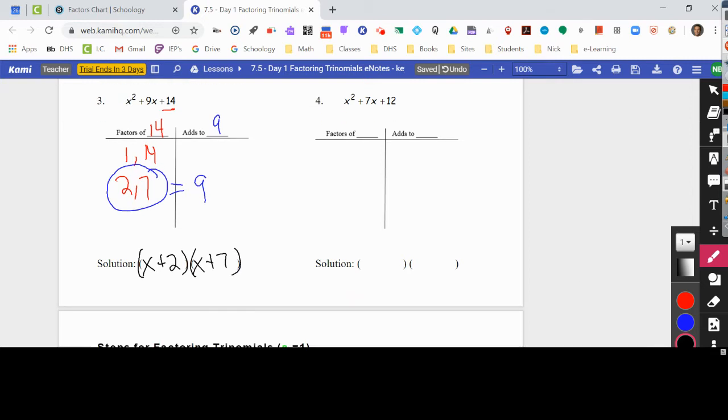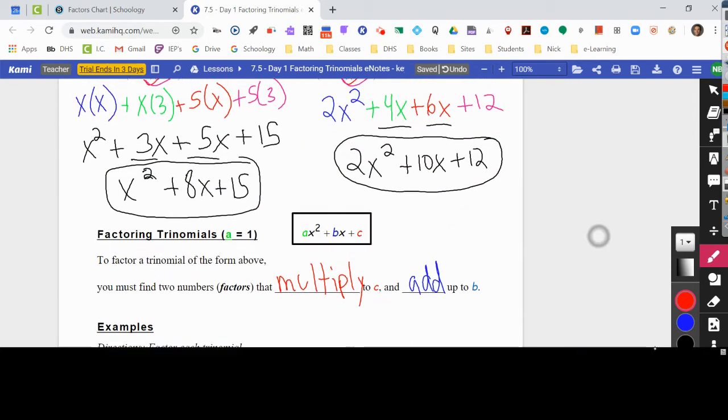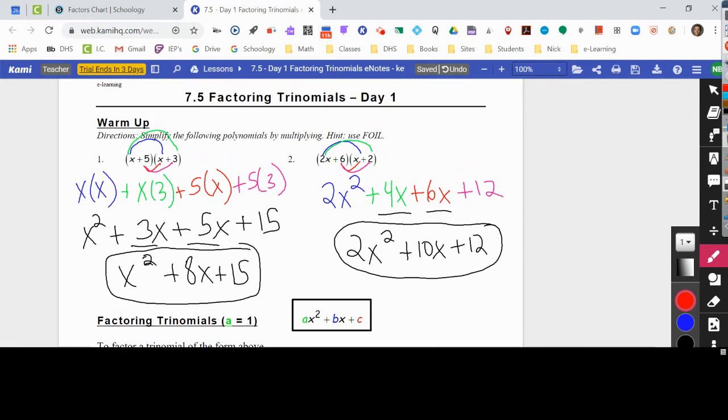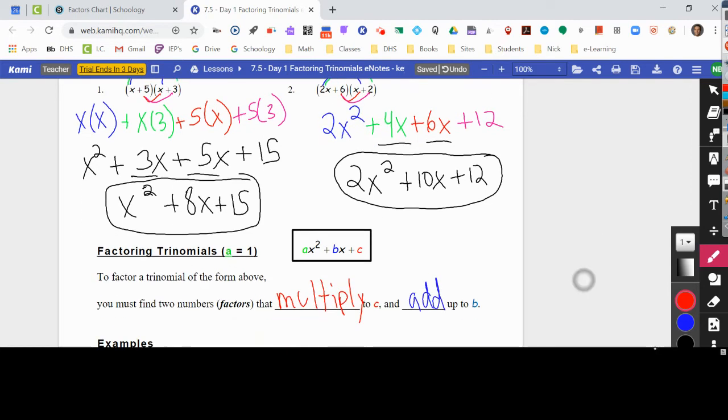If we wanted to check our answer to see if we can get back to what we started with, we can just do that FOIL method. Oh wait, we did that earlier in our warm-up. Oh my goodness, look at that. In examples 1 and 2 in our warm-up, we FOILed to get our trinomial, and now we're doing the exact opposite.